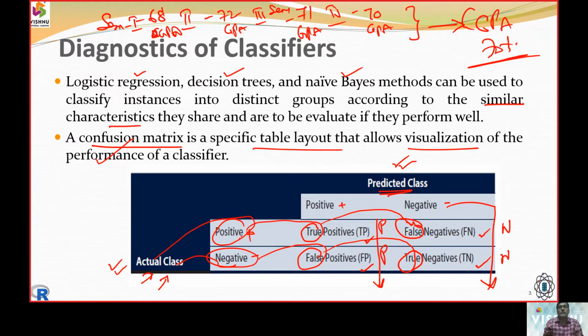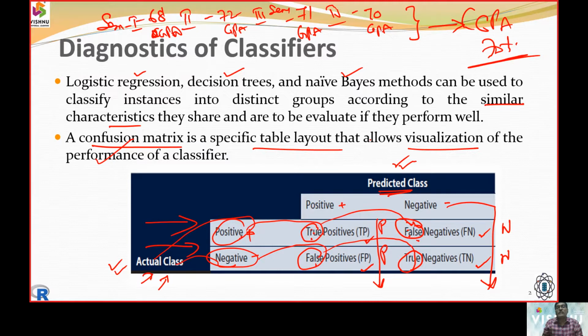If it is positive, negative, you put true here, false here. So the values of the actuals change from one position to another. In one case it says true, in another case it says false. But the prediction is always fixed.